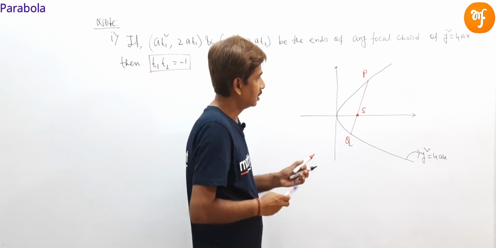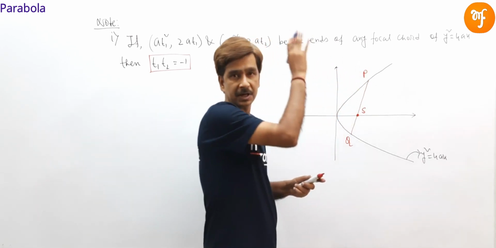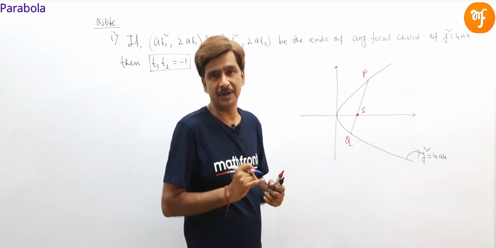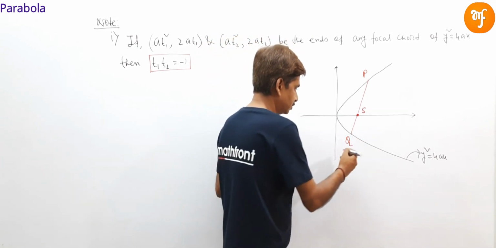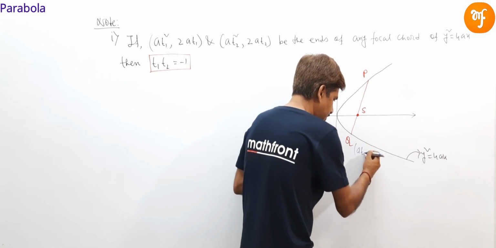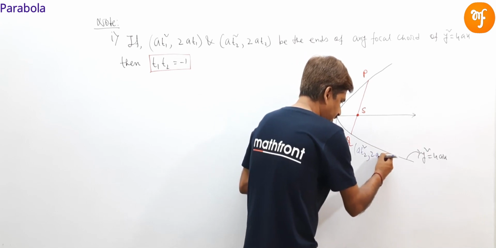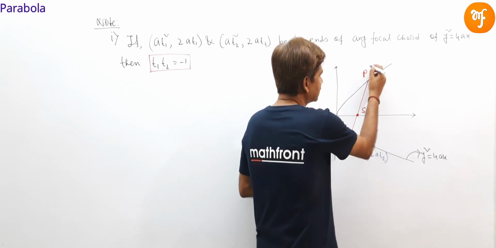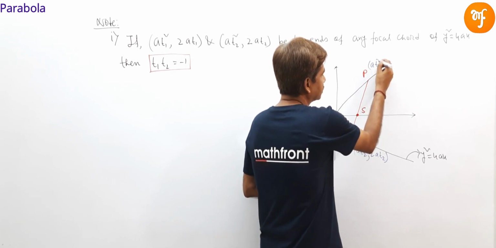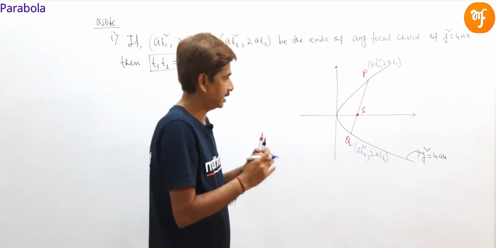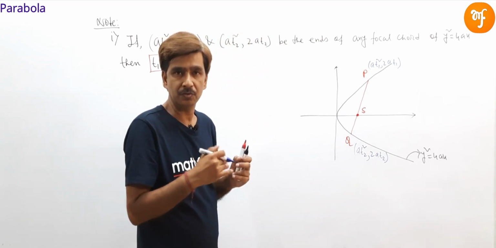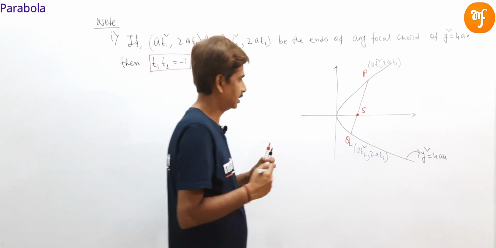Now the coordinate of the point P, just assume (at1², 2at1), and the point Q is (at2², 2at2). Then the value of t1 into t2 we have to prove is equal to -1.